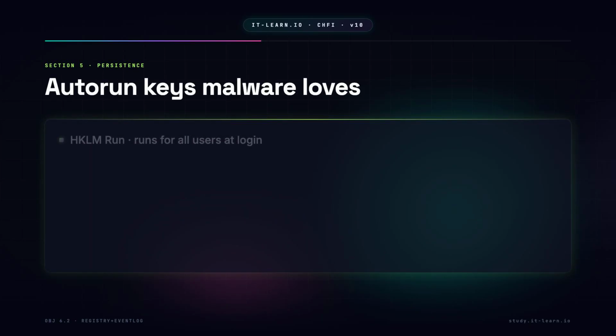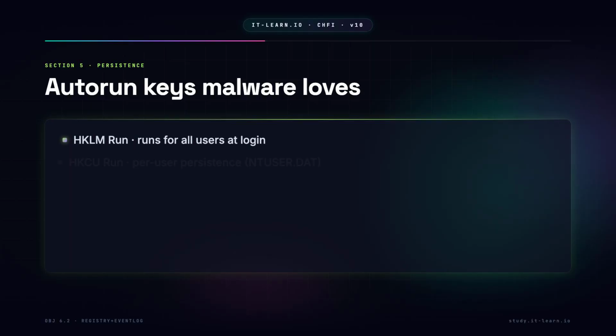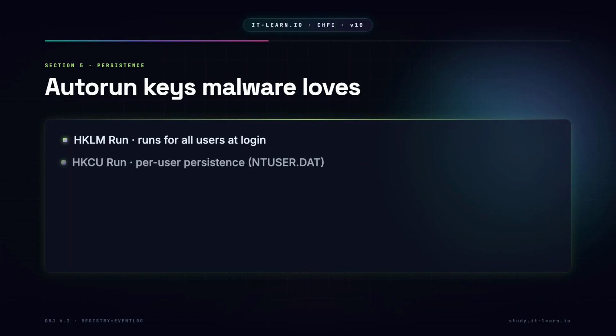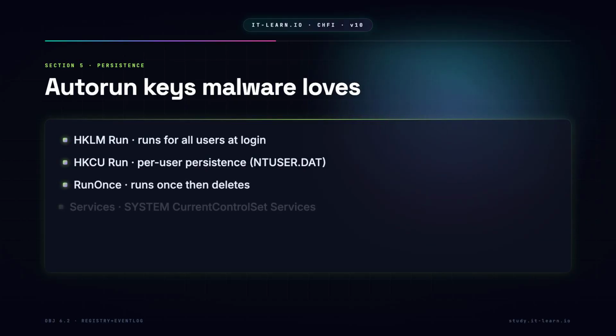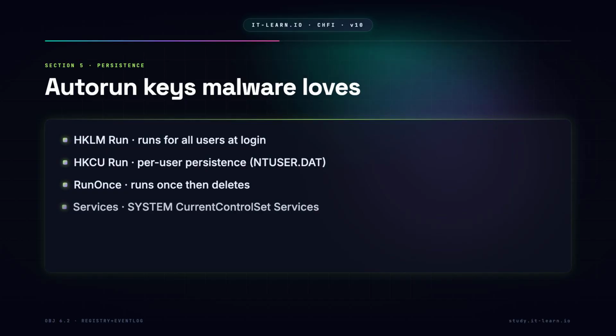Persistence mechanisms, where malware hides to survive reboot. Run keys at HKLM Software Microsoft Windows CurrentVersion Run, runs for all users at login, common malware persistence, always check first. Run keys, HKCU, per-user version, NTUSER.dat.